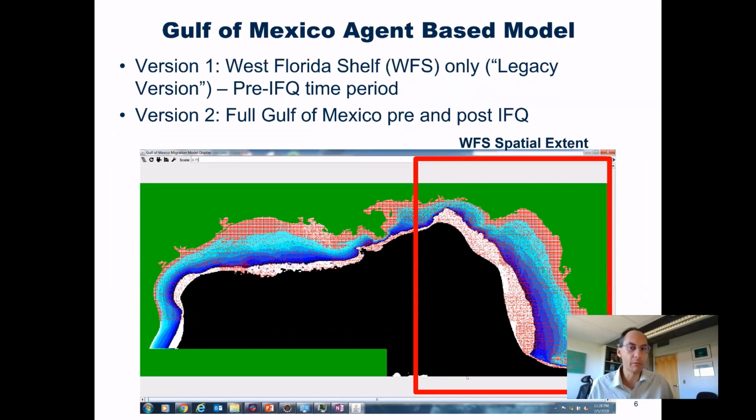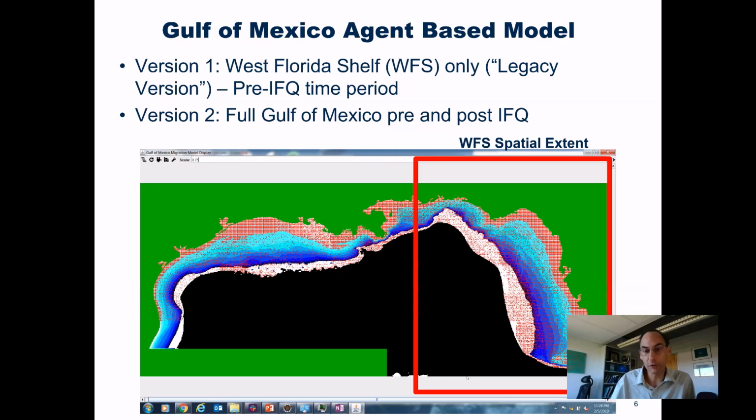For the simulation model of the Gulf of Mexico, there are a couple of versions that have been developed so far. The initial, legacy version just covered the West Florida shelf and was programmed for the time period pre-IFQ. That was work I was doing as a PhD student and a little bit thereafter.